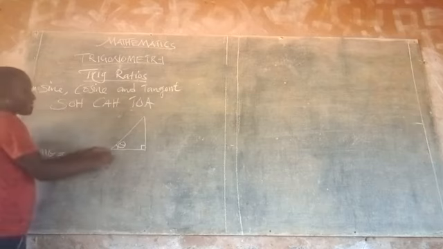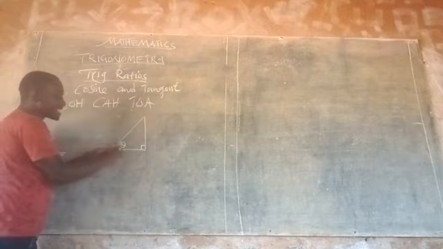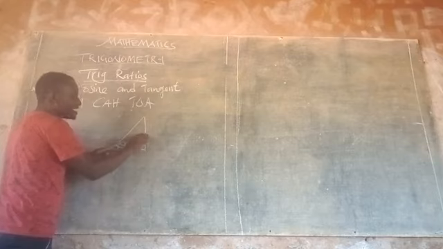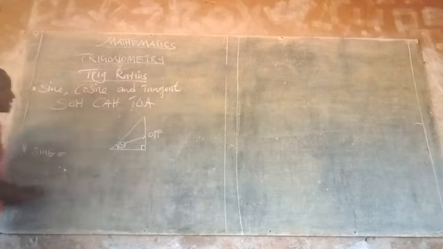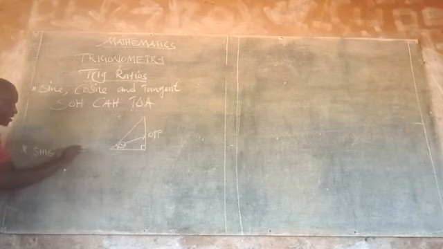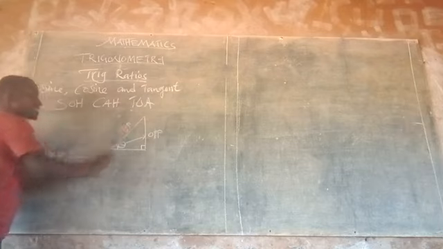This simply means the side which is opposite to this angle, which is simply this side here. So sine theta is equal to opposite over the hypotenuse, which is this side there.